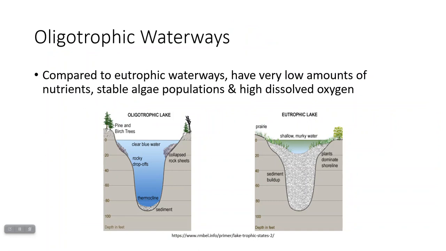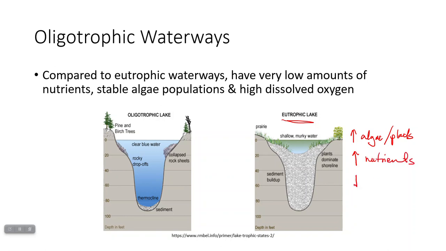Then you have the opposite of that, which is called an oligotrophic waterway. So you can have a eutrophic body of water. It's going to tend to have a lot of plant growth. So lots of plants or algae. It's going to tend to have high nutrients.